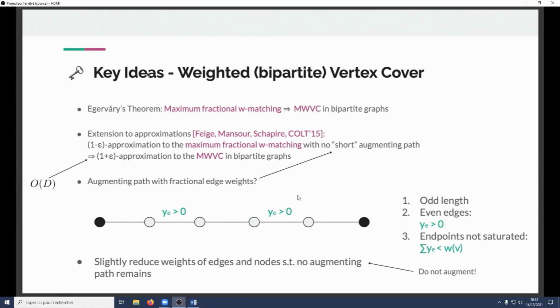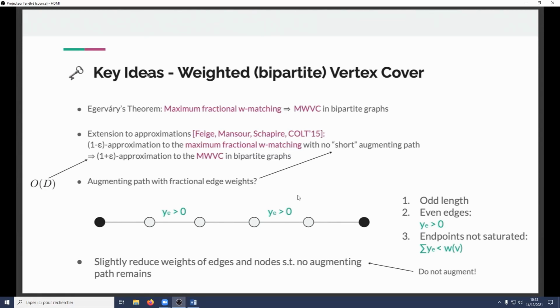We have our graph G, where we computed our maximum fractional W matching, where we have some short augmenting paths, which we don't like. So we construct a graph G prime with the same nodes and the same edges, but where the nodes and the edges have slightly reduced weights.